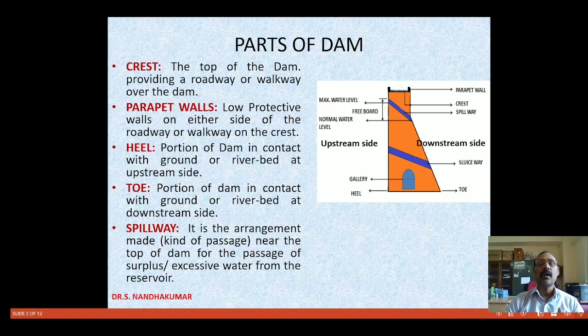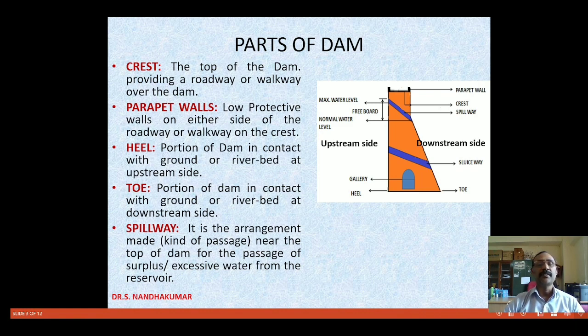Parapet walls are the small walls along the roadways, maybe 5 feet or 4 feet high. These are protective walls on either side of the roadways or walkways on the crest.